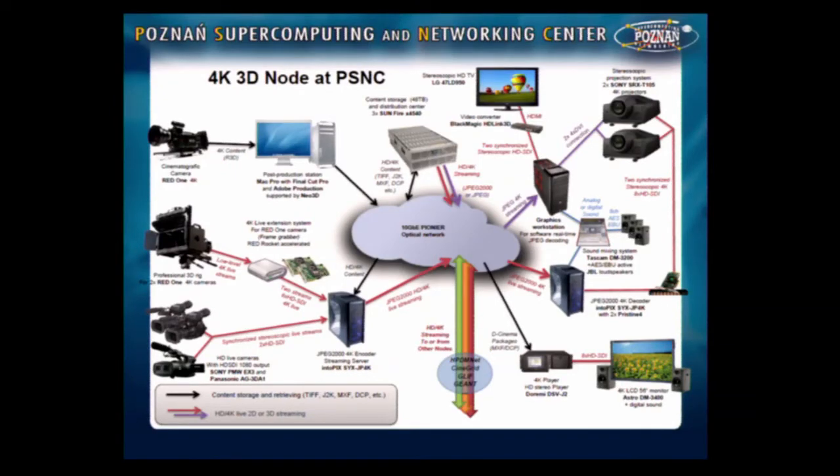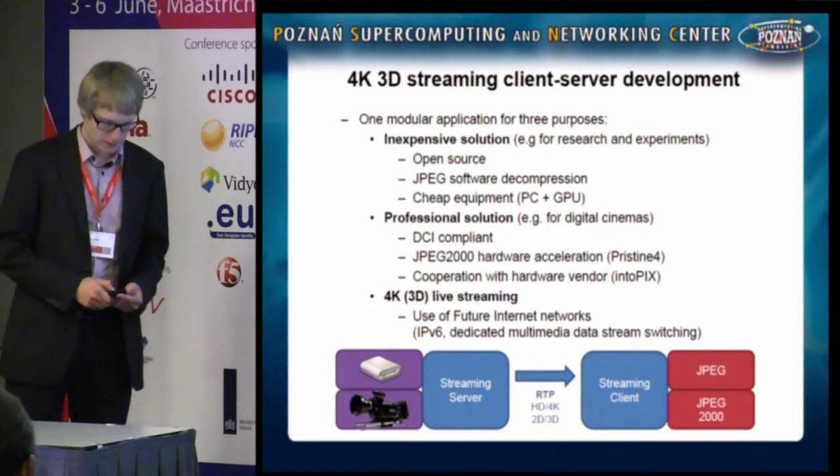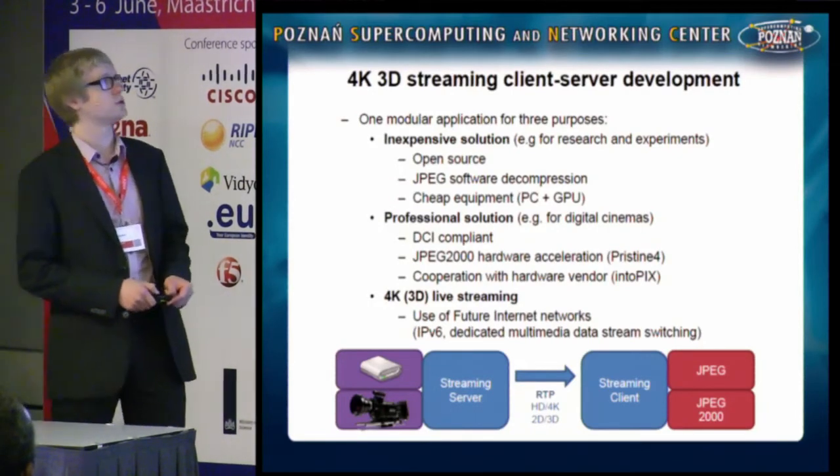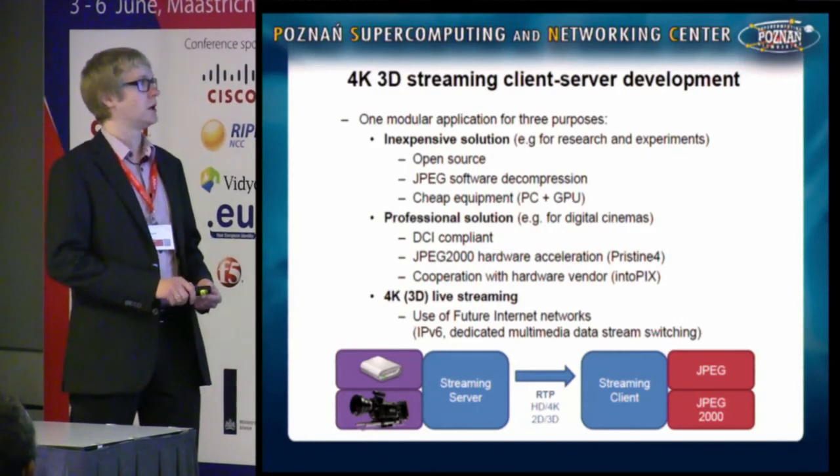We have this node with very interesting capabilities. We are doing our own hardware. We are also working on our own software and video streaming client server application from PSNC.